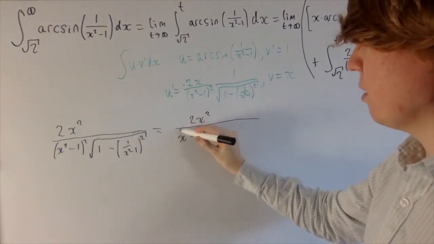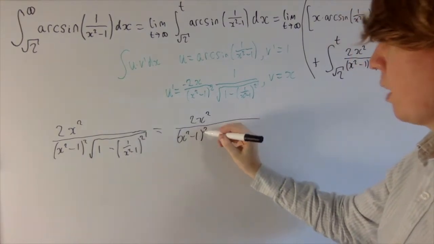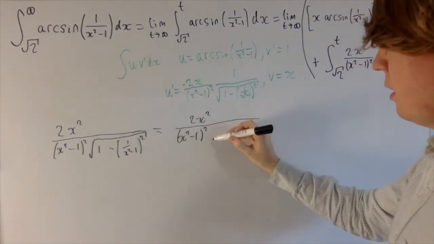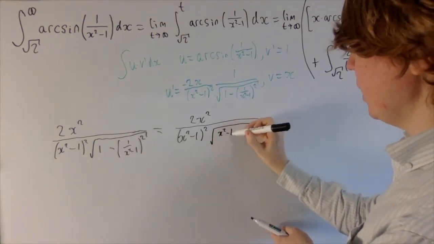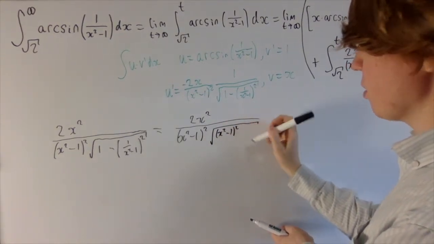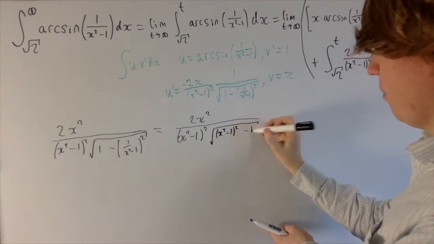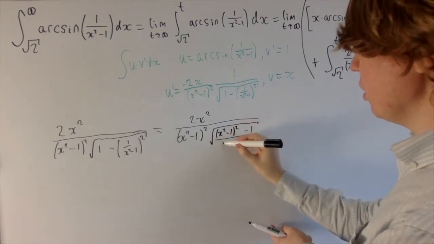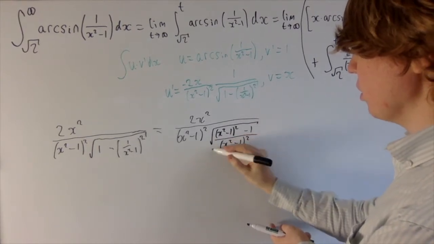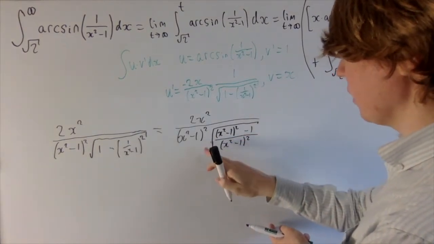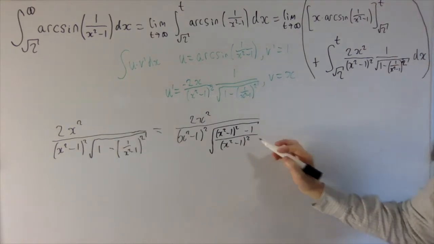Everything else will stay just as it is for now, the 2x squared, the x squared minus 1 squared, and now we'll have x squared minus 1 all squared, minus 1, all over x squared minus 1 all squared. I'll make this square root a bit bigger. And this is actually quite nice already.